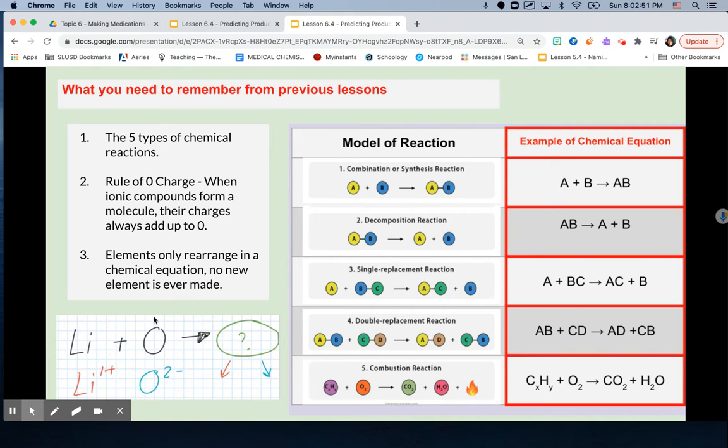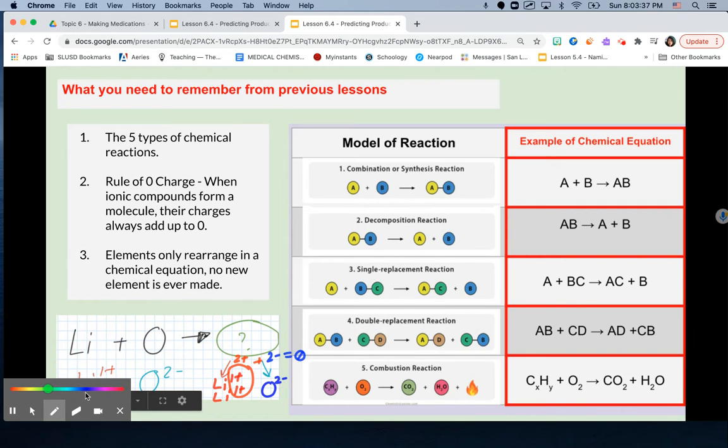So in our classwork today from Zoom, if I notice that Li has a charge of 1 plus and O2 has a charge of 2 minus, in order for their charges to cancel out to 0, I'm going to need 2 Li's and 1 oxygen with a charge of 2 minus, because 2 Li's together makes 2 plus, added with the 2 minus, so positive 2 plus negative 2 will equal 0, right?